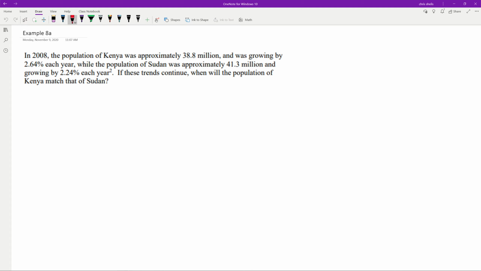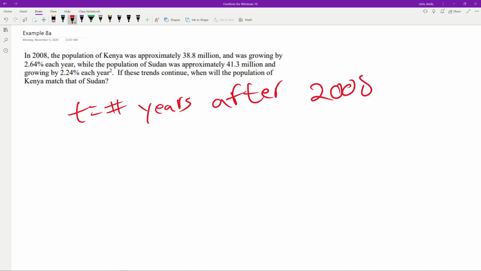So we're going to start by writing an equation for each population in terms of t, where t is the number of years after 2008. So I'll call this k of t for Kenya.